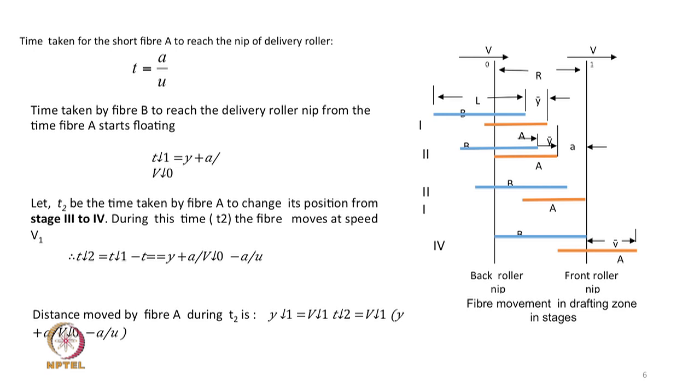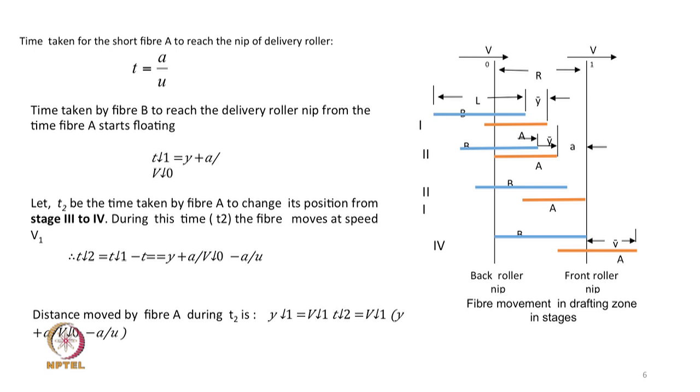Now, once it reaches the front roller nip, at stage 3, when fiber A has just reached the nip of the front roller, B, the long fiber, still continues to move at the speed of v0. This fiber is long and its length is equal to the length of the ratch, that is the nip to nip distance, so it continues to move at the speed of v0. Now consider the time taken by fiber B to reach the delivery roller nip from the time fiber A starts floating.